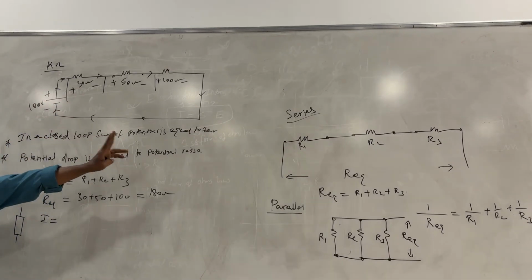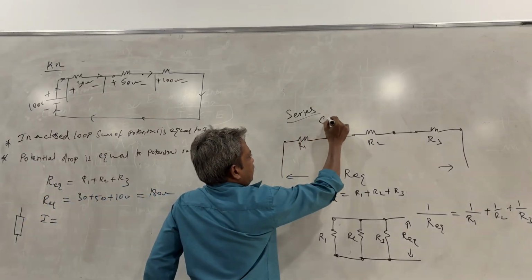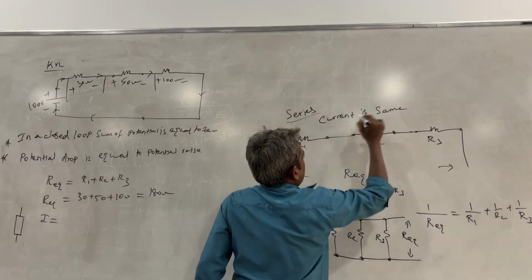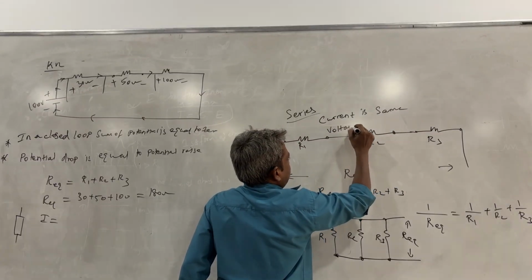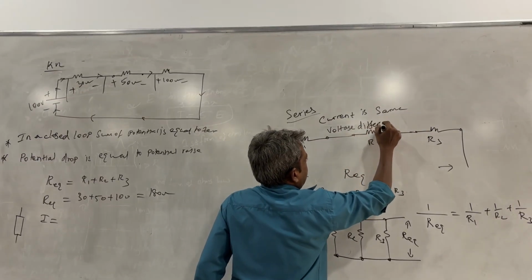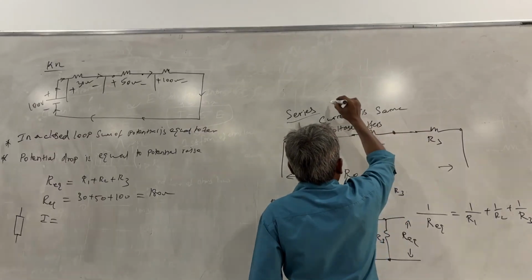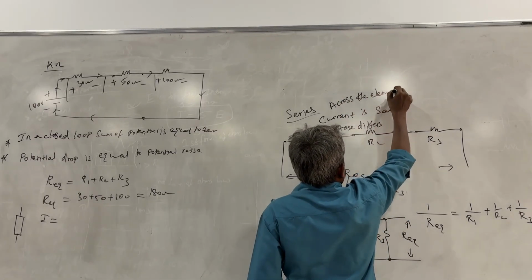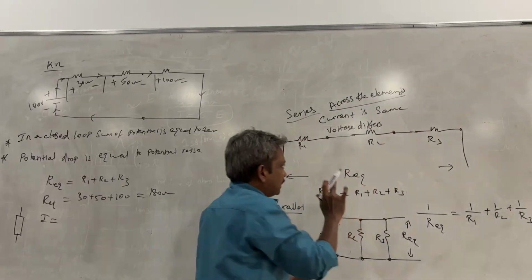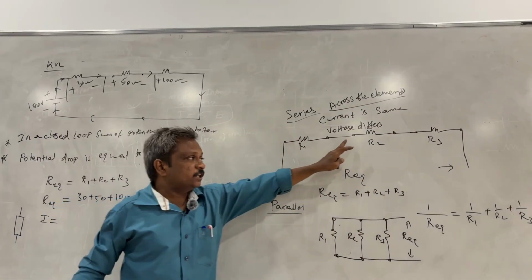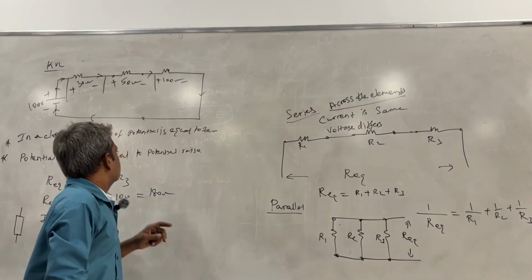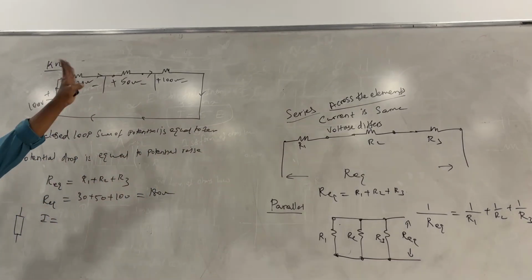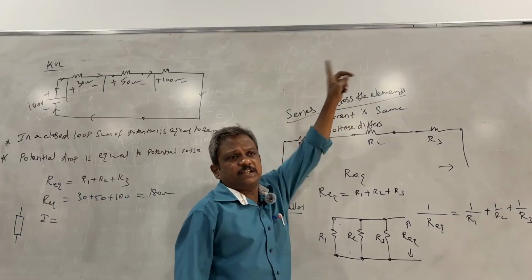In a series circuit, current is the same, voltage differs across the elements. Because to go from positive to negative there is only one path, so there is only one current. So current is the same in a series circuit.